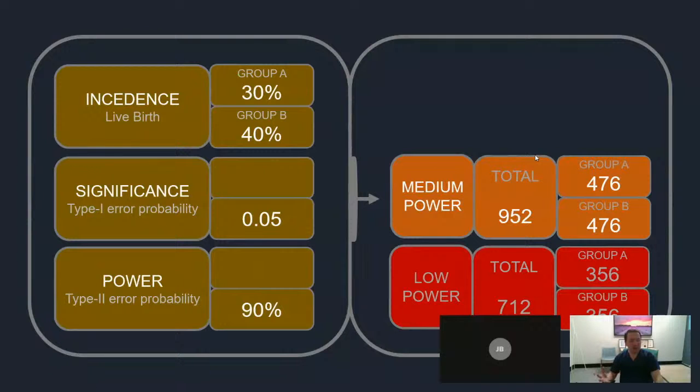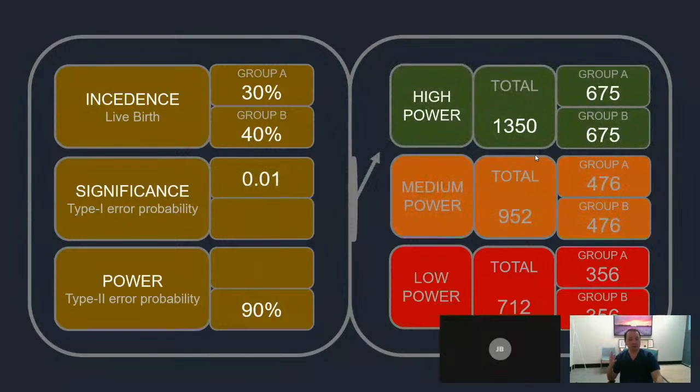Then one of the researchers in the group said, no, we actually want much better significance and power. Then you need 1,350 patients. Okay, so this assumption in treatment effect hasn't changed. It's 10%.